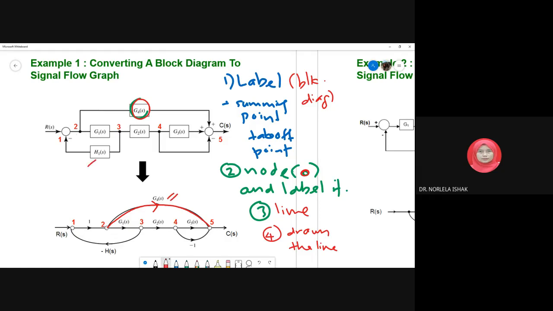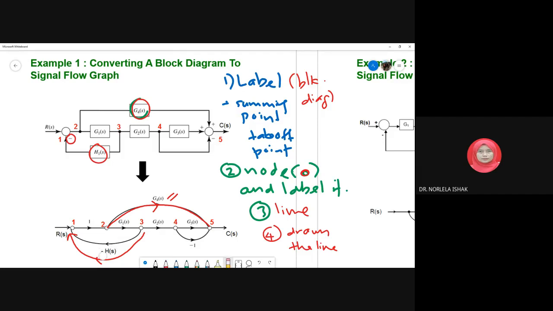Okay, how about H1? How about this one? Between 3 and 1. Okay, for H1, from knot 3 goes to knot 1. Okay, from here goes to here. So this is the arrow, and then H1. And you see the sign, minus.